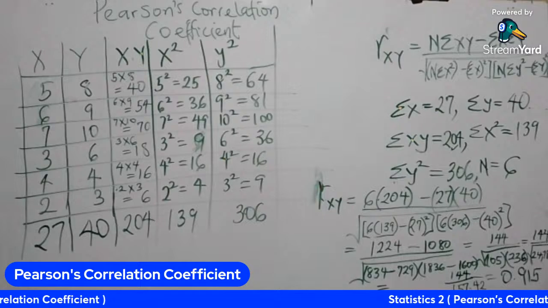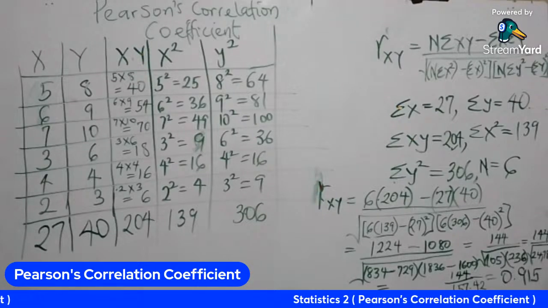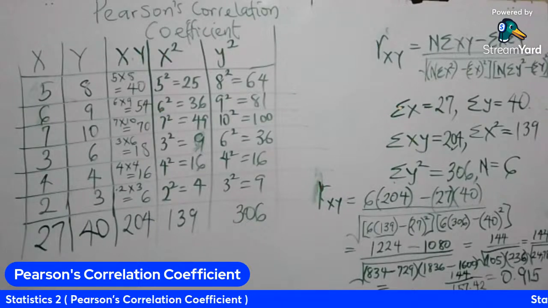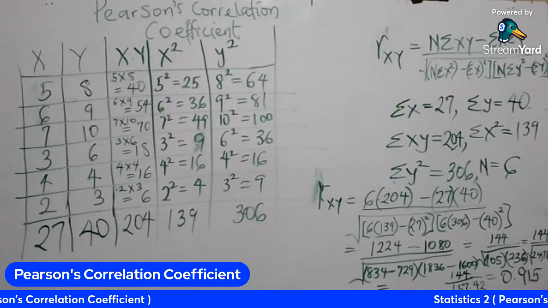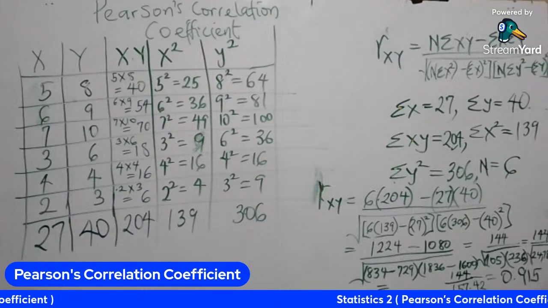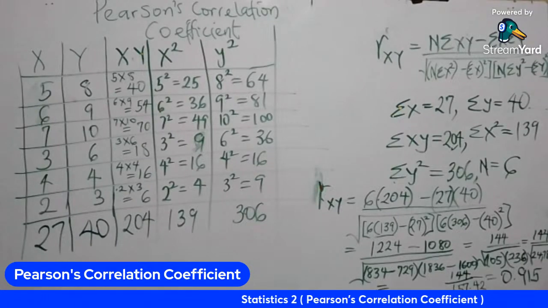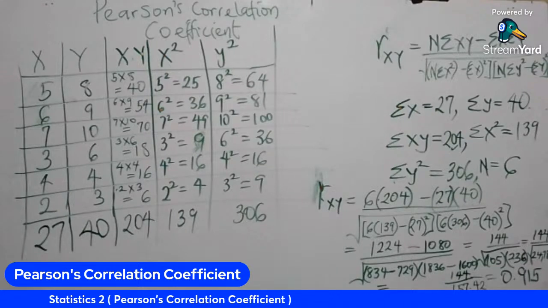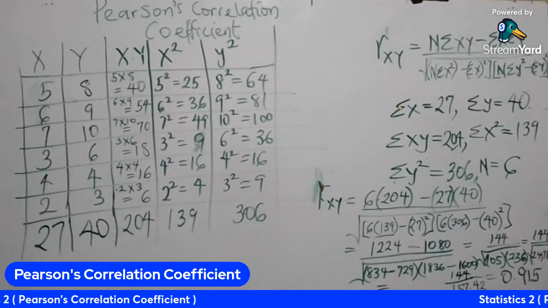What does that mean? The interpretation is that the data seems to suggest that there is a very strong positive relationship. Like I said, when we did our Spearman ranking yesterday in our previous video, the answer we got was around 0 point something, and we said it's a weak one.